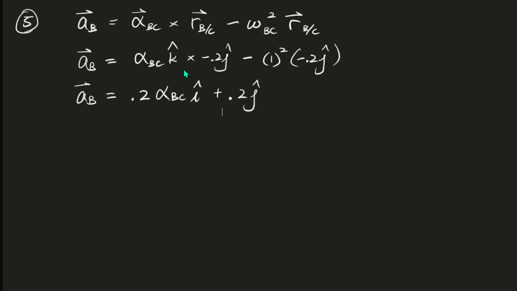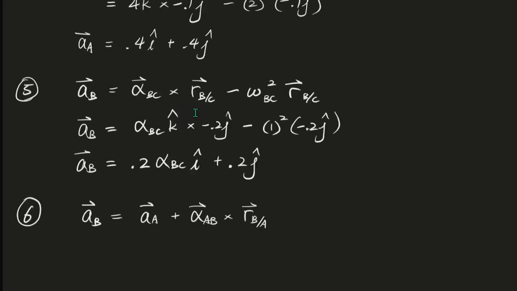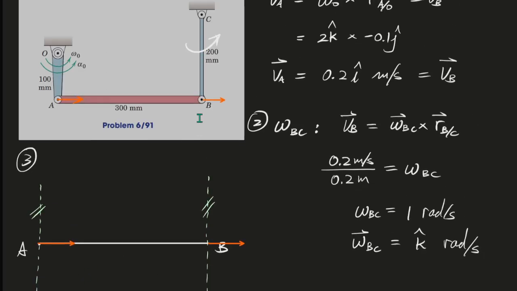Okay. Now we have step 5. Step 6, as I hinted earlier, we'll establish two equations, two unknowns. But first, I'm going to say AB is also equal to AA plus alpha of AB as a vector cross RB from A. So now we're trying to find the acceleration by looking at the bar AB.